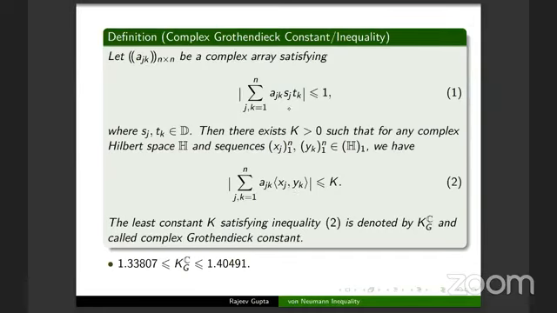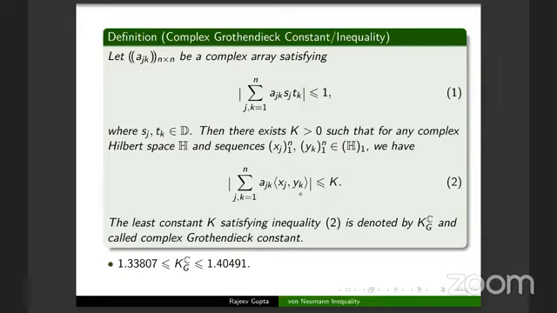Here sj and tk are single complex numbers, while here xj and yk are k-tuples. So you can compute the inner product, and you can ask about the summation of ajk xj inner product yk, which is certainly a bigger quantity than the previous one, the summation of ajk sj tk, because here you are taking xj and yk from Ck, or from Cm.